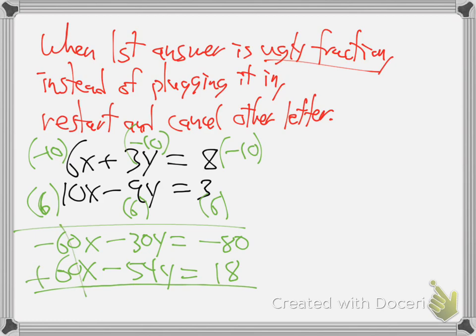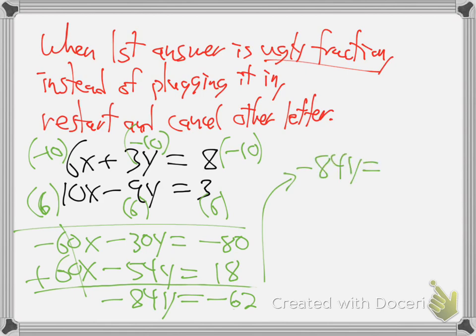So add them up, bye-bye x's, there they go, off into the distance, into the sunset. And we got minus 84y is minus 72, right? Bring that up here.